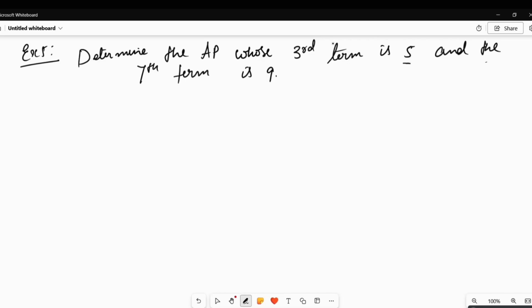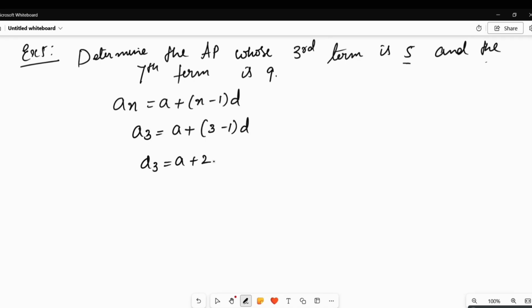Correct? So third term is 5. So a3, first, an is equal to what? a plus n minus 1 into d. So a3 is equal to a plus 3 minus 1 into d. So a3 will be what? a plus 2d. Correct? So a plus 2d is 5. So one equation, a plus 2d is equal to 5. First equation.